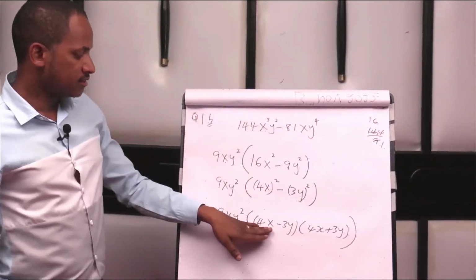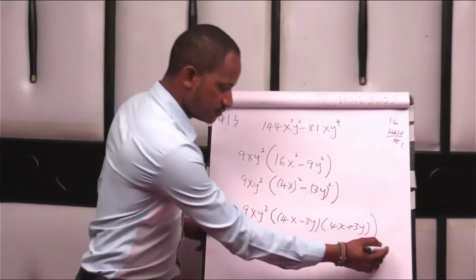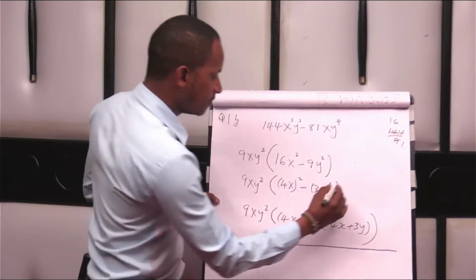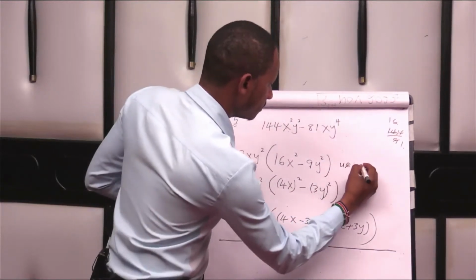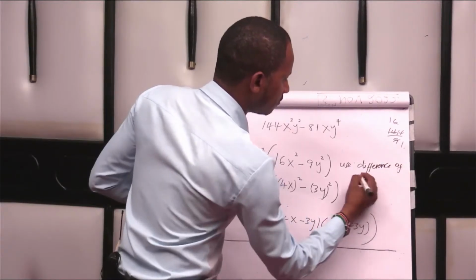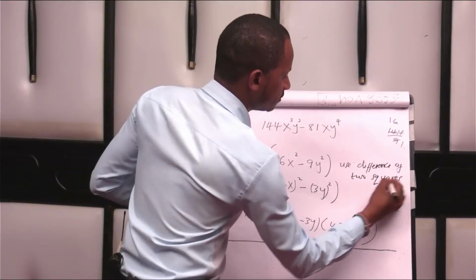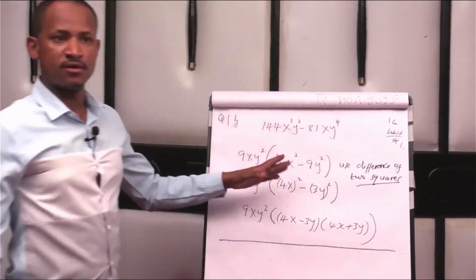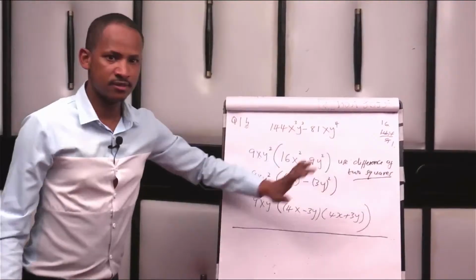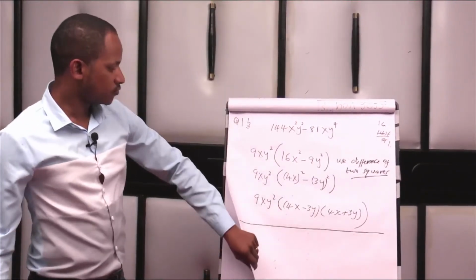But this is further simplification. It's called a difference of two squares. By now, you know this. Or rather, you should know that. Now, that is question 1B.